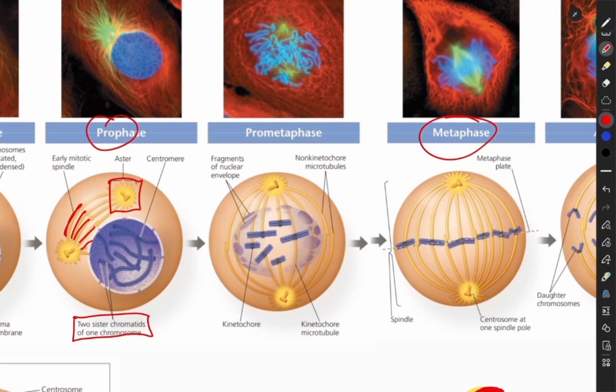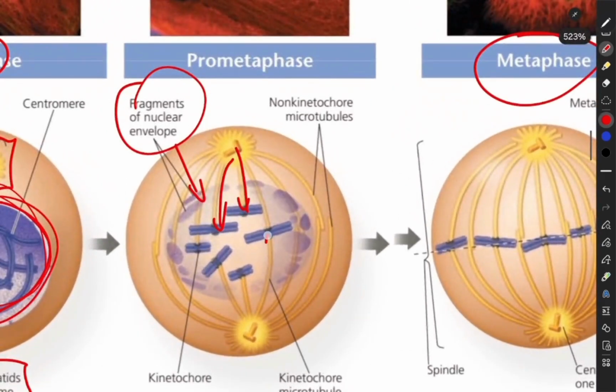So the nuclear envelope fragments, almost. So this fragment doesn't form this sphere anymore, and the microtubules extending from each centrosome can now invade the nuclear area and connect with the centromeres.